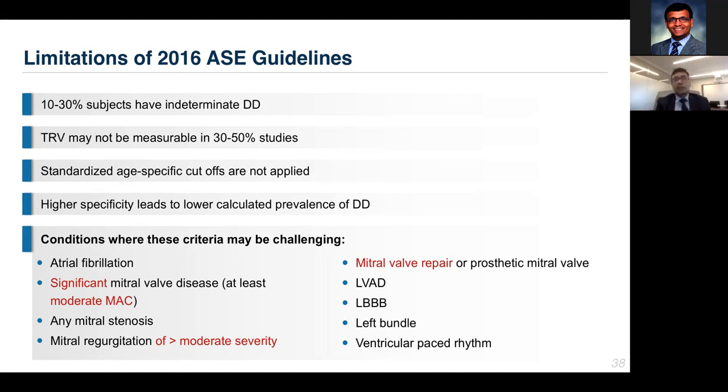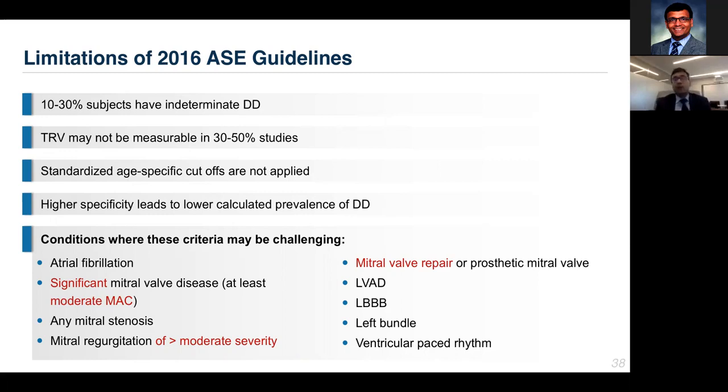There are also certain challenging situations like atrial fibrillation, significant mitral valve disease related to mitral annular calcification, presence of mitral regurgitation, or cardiomyopathies like hypertrophic cardiomyopathy, where the guidelines go in and provide some criteria that may help in deciding the presence of diastolic dysfunction and grading diastolic dysfunction. However, they continue to stay fairly challenging.